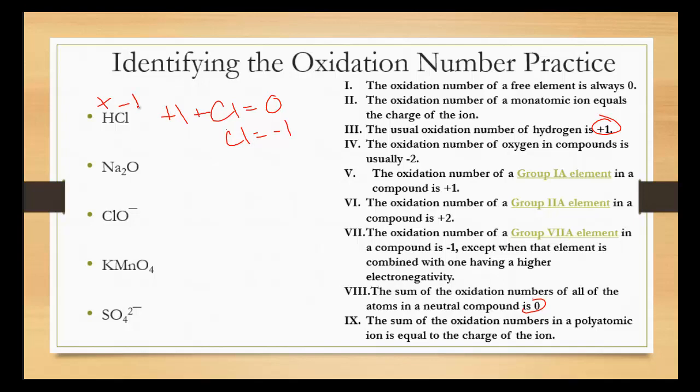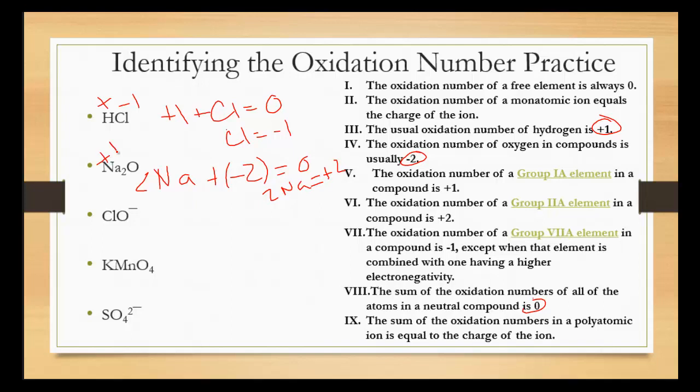Na2O. Oxygen is -2. So 2 Nas plus a -2 for oxygen yields once again 0. So that means 2 Nas have to equal +2, which gives Na a +1 charge.